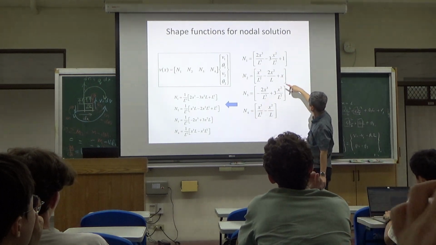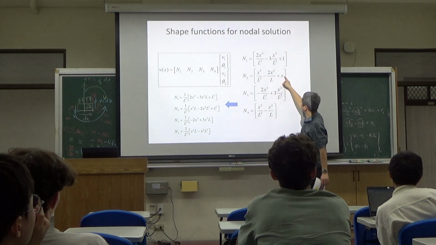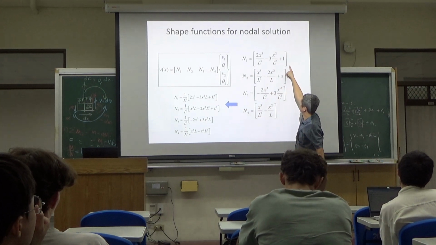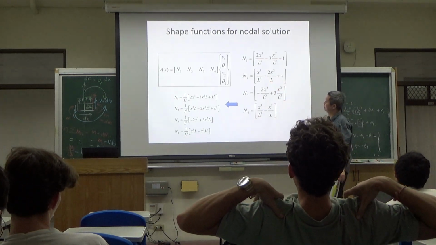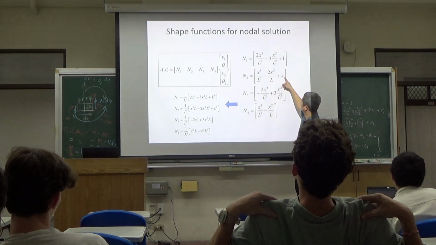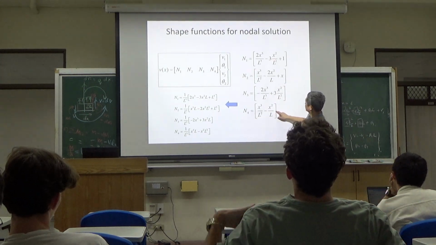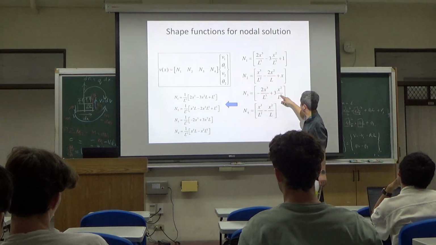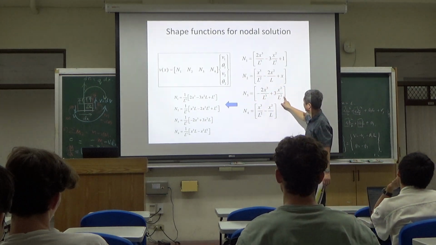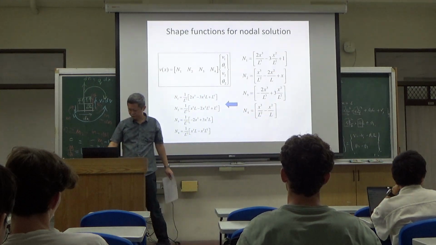N2 is not 0... Yeah, N1 is 1 when x is equal to 0. But for N2, the inference is all 0, 1. Okay, you can see that. And then next, N3 must be equal to 1 when you substitute x equal to L.